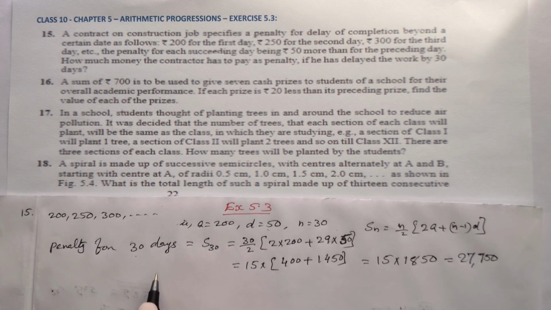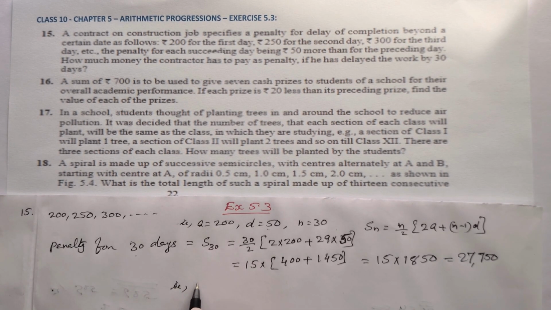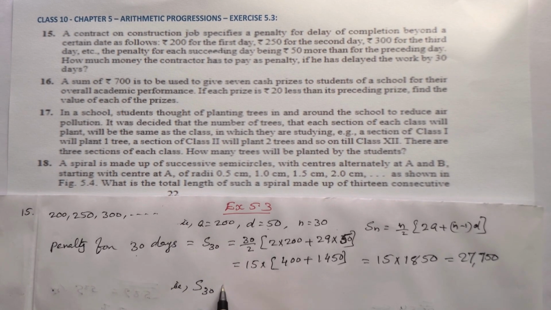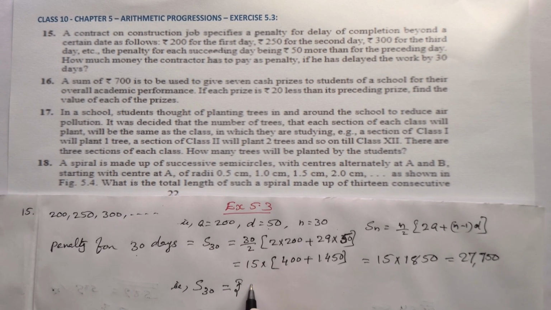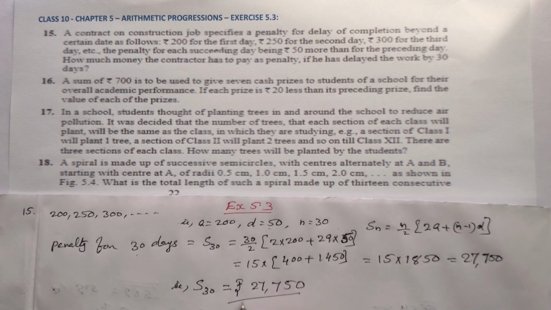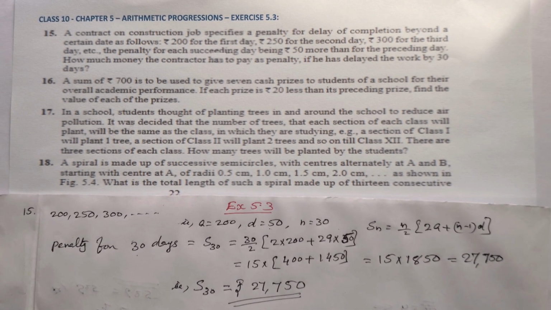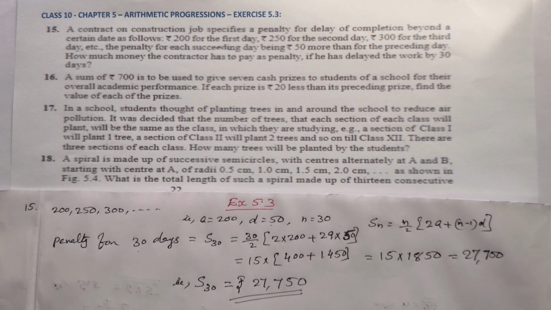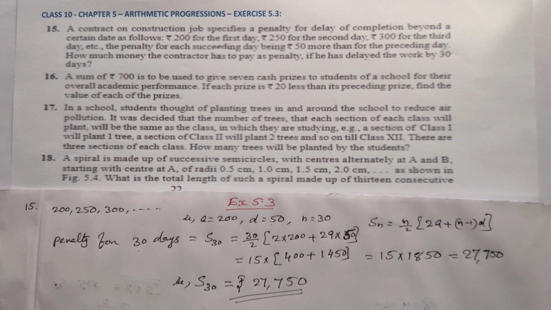That means penalty for 30 days, that is S30, is equal to rupees 27,750. That much money he has to pay as penalty, just for 30 days delay.